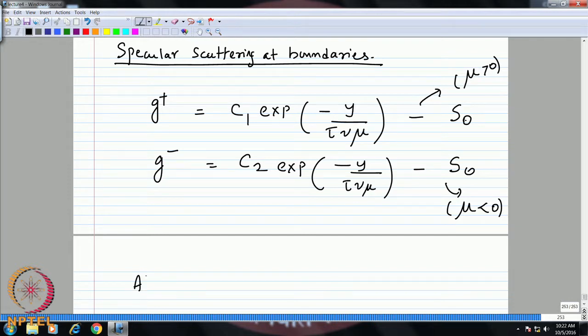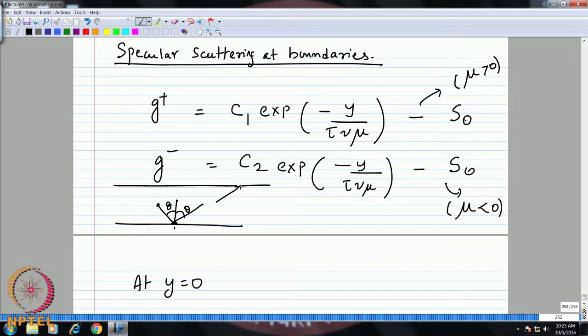So, at y equal to 0, if you are talking about a specular surface, you have an electron or phonon which is coming in at a particular direction theta, and it is going to scatter with the same angle in the other direction. Similarly on the top boundary also. So, incident and reflected angles are the same.